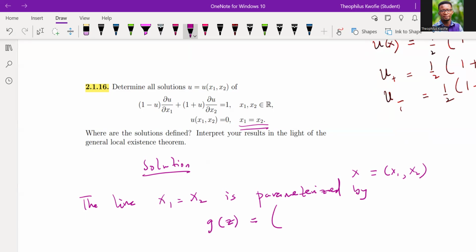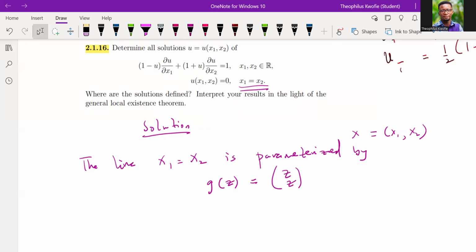If your x2 is z, then your x1 will be z. Good. If you understood the previous example, then it should be the same as that. If your x2 is z, then your x1 will be z because of this line.